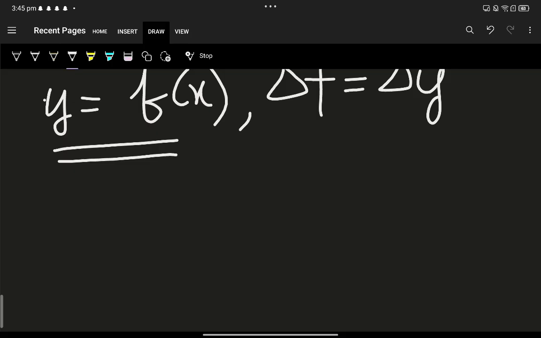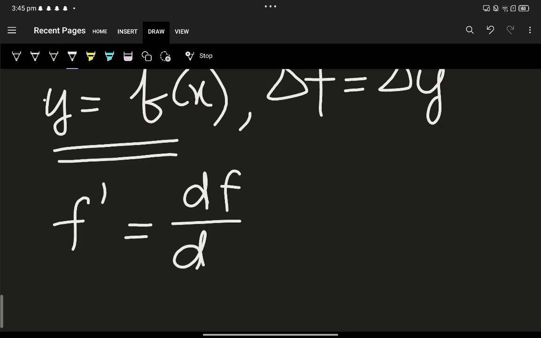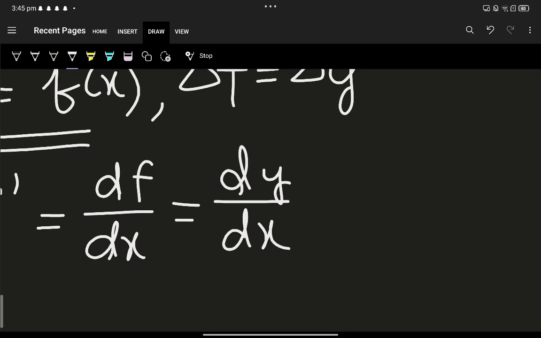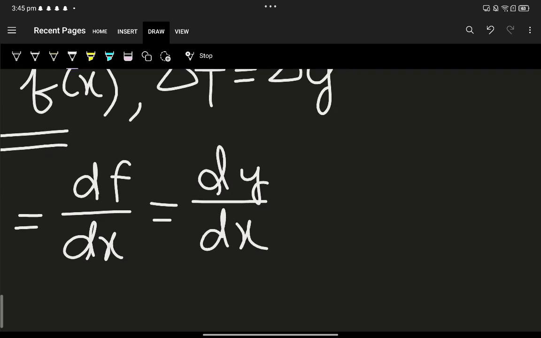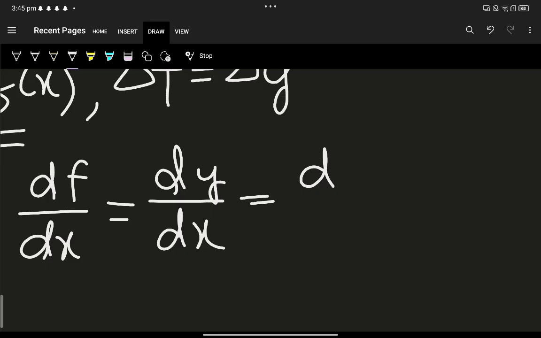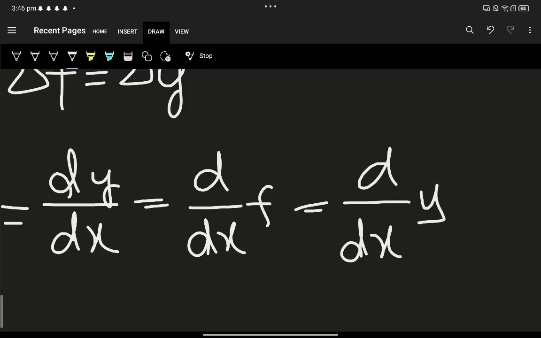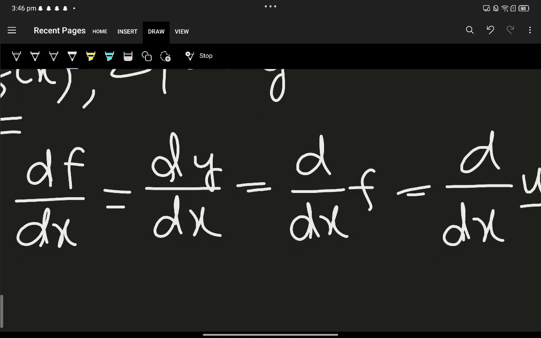Also, f dash is equal to df upon dx, which is equal to dy upon dx, right? And sometimes what you do is you pull out this f or y and you write something like this. You pull out the function, which is equal to d/dx y.